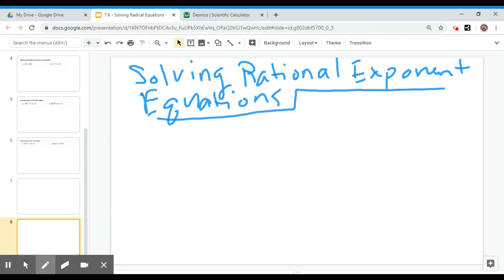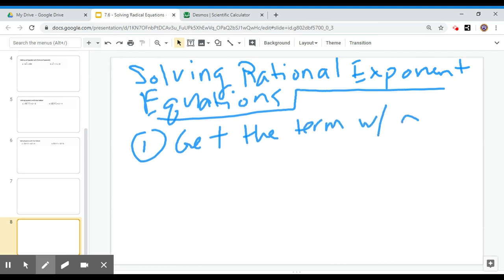All right, so to summarize what we did, first thing, just like with the radical, we need to get the term with a rational exponent by itself.